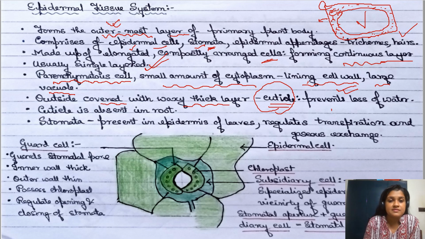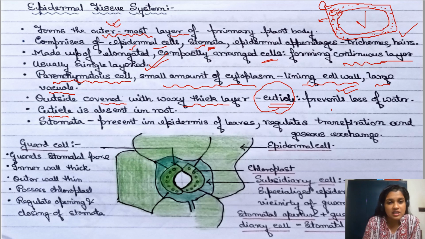Cuticle is absent in the root. Obviously, if cuticle were there in the root, how would the root absorb water from the surrounding soil? So cuticle is absent in the root.